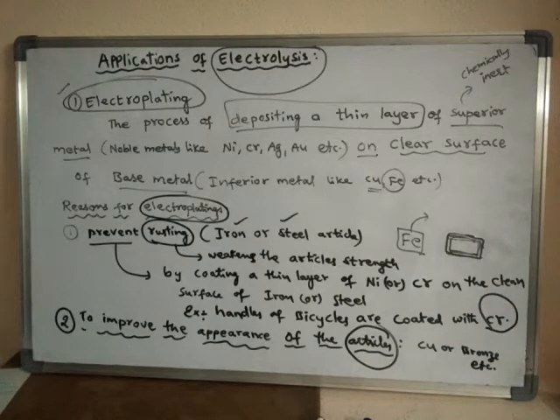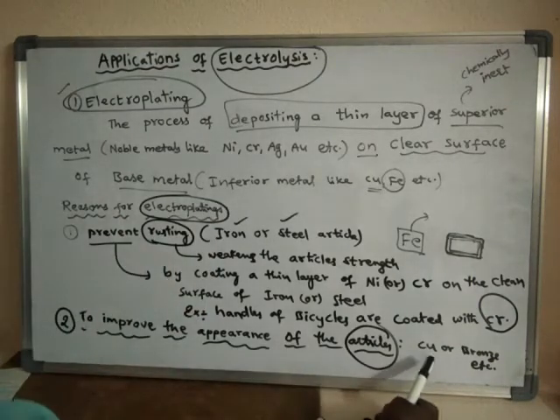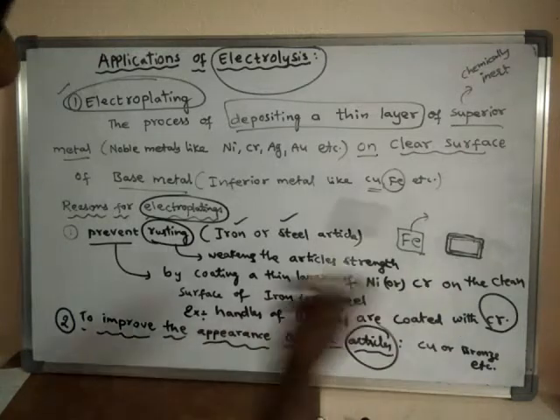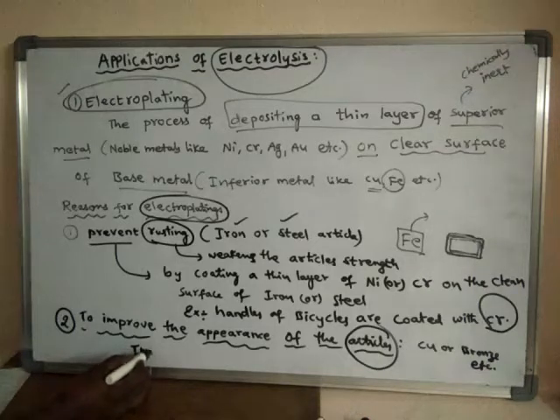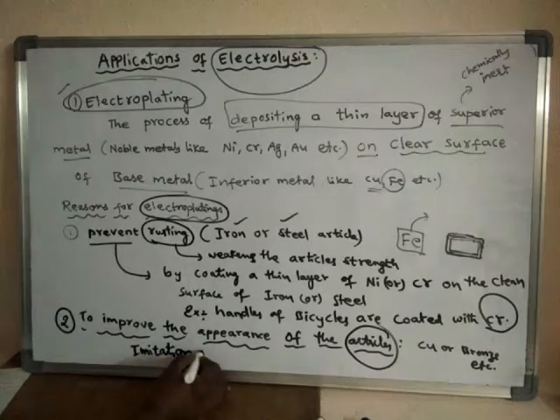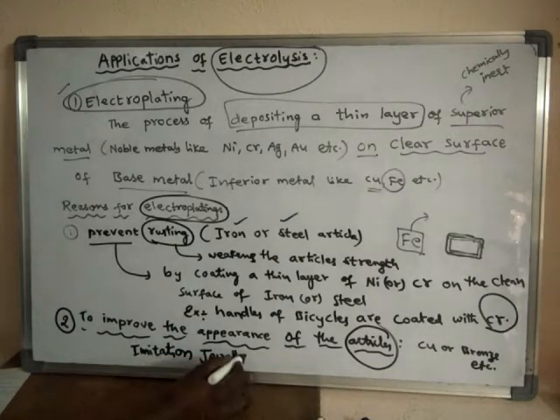So here electroplating will help the copper ornaments or bronze ornaments to look better, particularly imitation jewelry, very cheap quality jewelry.